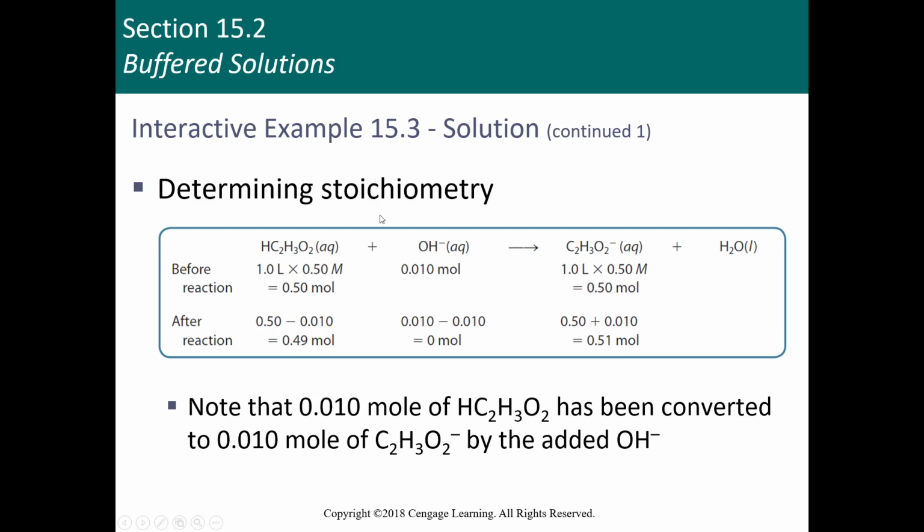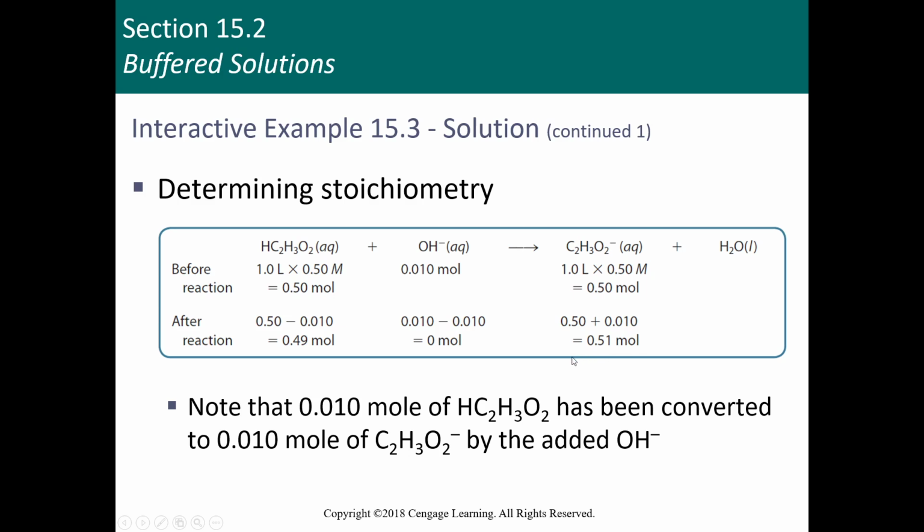Now remember that when you're using up this acetic acid, you're making acetate anion, aren't you? So you start with 0.5 moles of the acetate anion, and that 0.01 that's used up here is going to go to this. So we have to add that 0.01 to this right here.